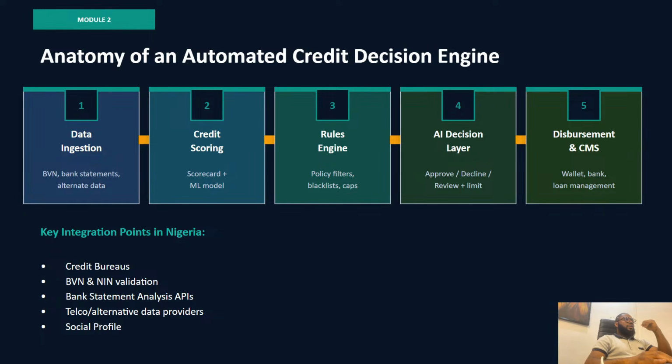the data ingestion, like I said, is getting data from various sources: from the applicant, from third party bureaus, from the bank statement, and also alternative data. And that is one edge that the automated credit loan engine has over the manual bit.